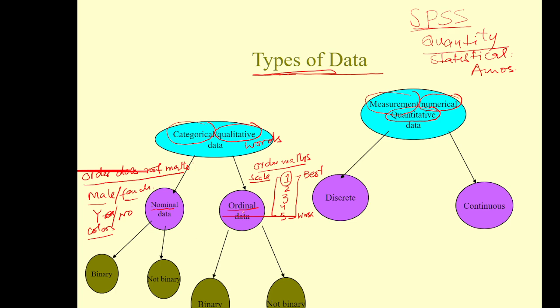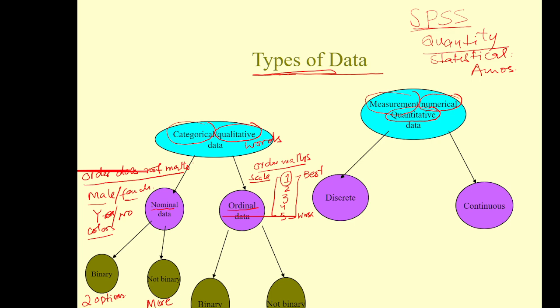So both ordinal data and nominal data can be binary and non-binary. Binary means they have only two options, right? And non-binary means they have more than two options. So that can be with both of them. If it's like male or female, yes or no, that can be binary.